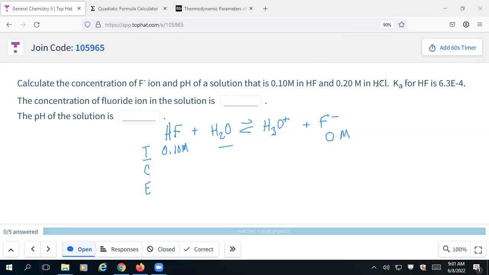But this 0.2 molar hydrochloric acid means that we have a 0.20 molar solution of H plus and 0.20 molar solution of Cl minus. Remember, H plus is the same thing as hydronium. So this hydrochloric acid is creating a common ion effect, but not with the conjugate base.